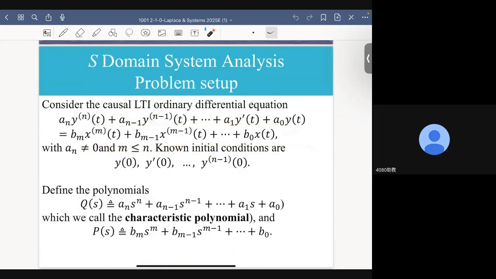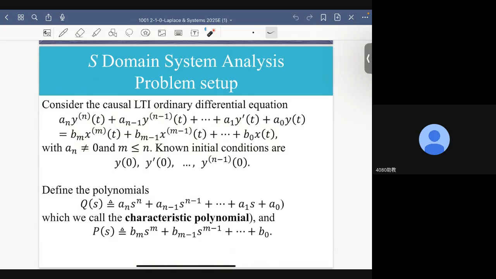Linear means that in this system, you don't see any coupling terms or any terms like square or cosine or sine. So the principle of superposition is applicable for such a system. The reason why it is a time-invariant system is because we assume all the coefficients here are constants. None of them are functions of time.